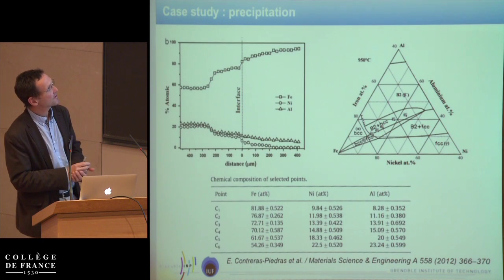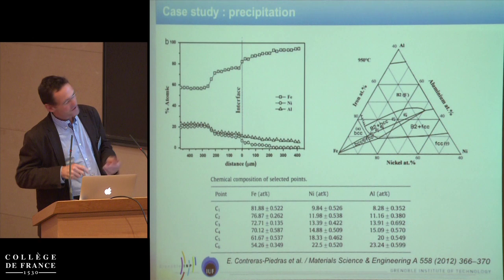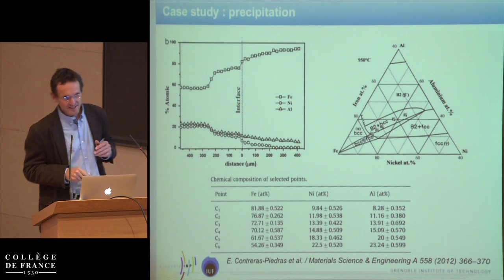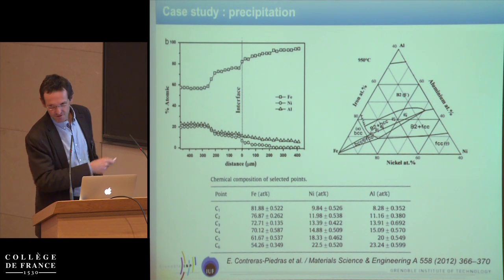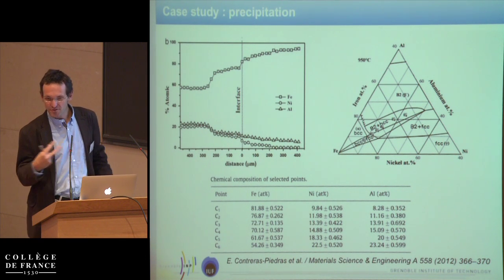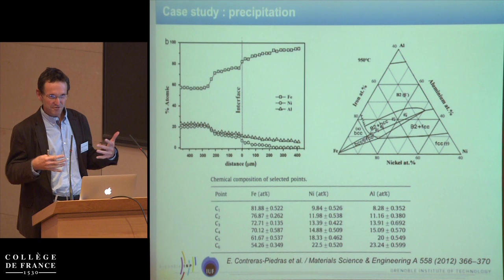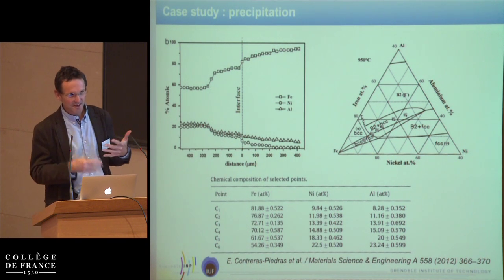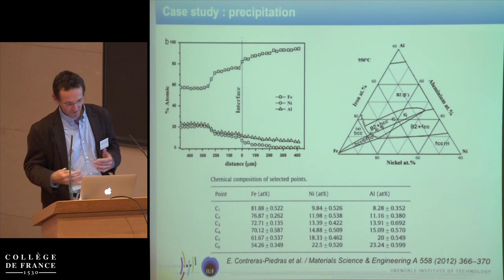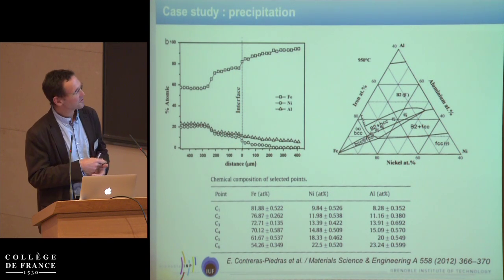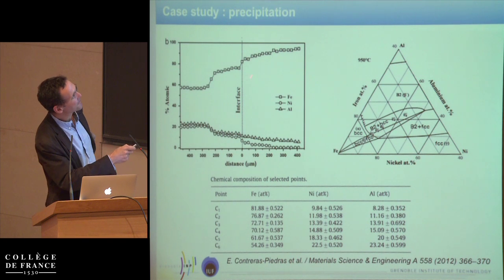A small example on precipitation. I think this is a bit of a complex system to do, because when you start to diffuse several elements together, so to have two alloys with very different composition, then, well, if you're unlucky, you can get a complex diffusion path in between the two. So in this case, it was not too bad.